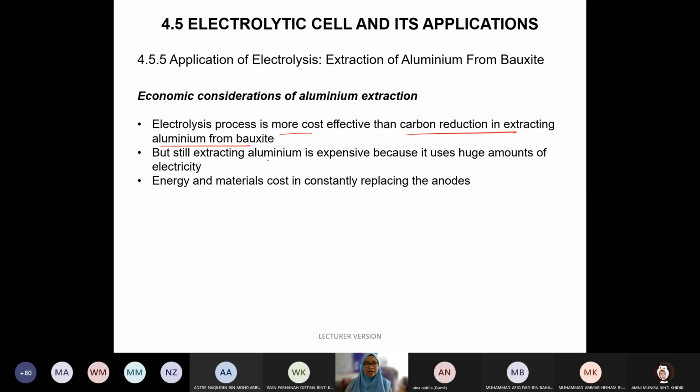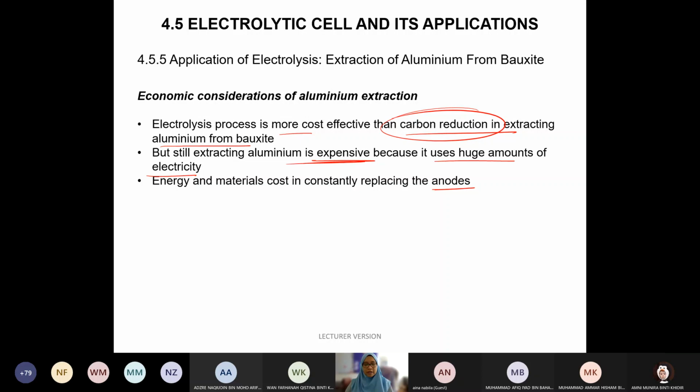But still, extracting aluminium is expensive because it uses huge amount of electricity. So this is like alternative lah untuk extract aluminium. Okay, tapi still electrolysis is more cost effective. Energy and material costs in constantly replacing the anode. So nak replace the anode tu, it is costly.